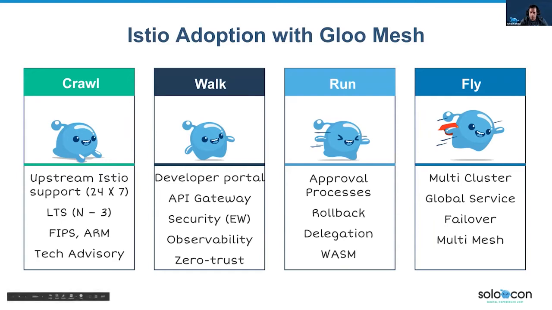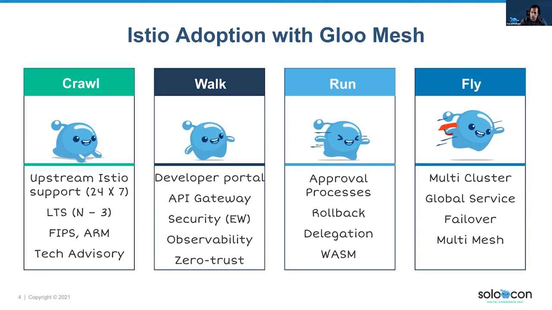Let's talk a little bit about Istio adoption that we see in the industry. So we like to divide it into steps. The first step we see is kind of a crawl step where people need support for upstream Istio. They're just testing it out. They need long-term support.